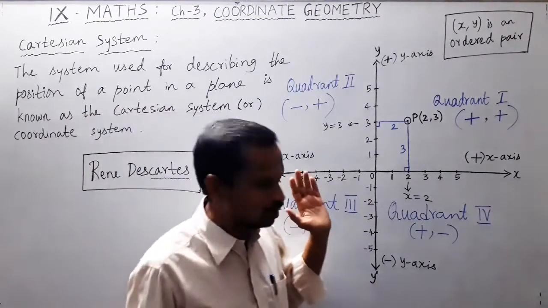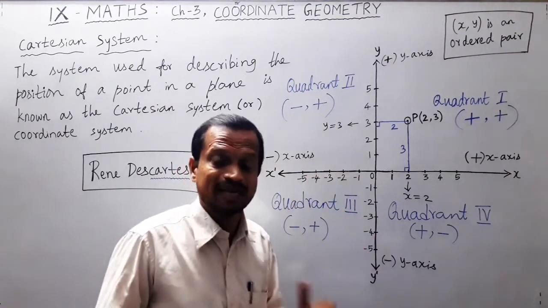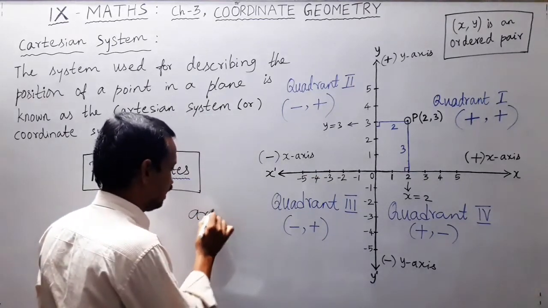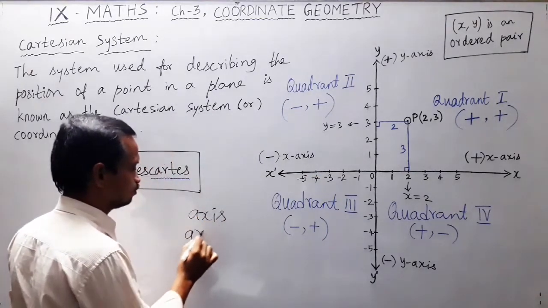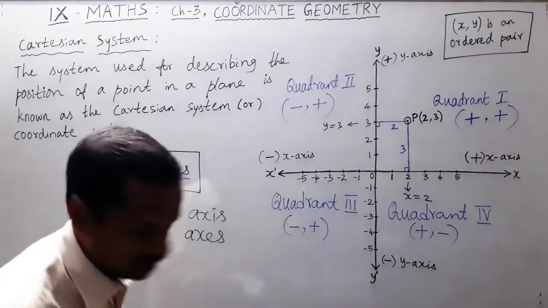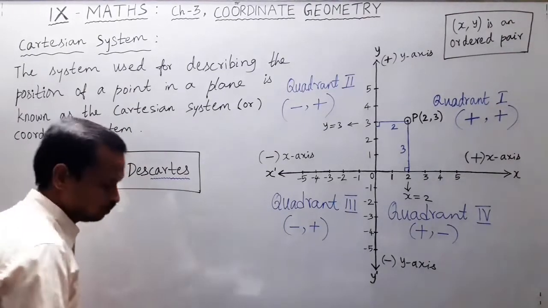We can say these two axes as coordinate axes. Separately, we call it axis: x-axis, y-axis.